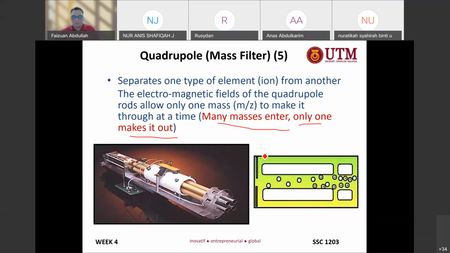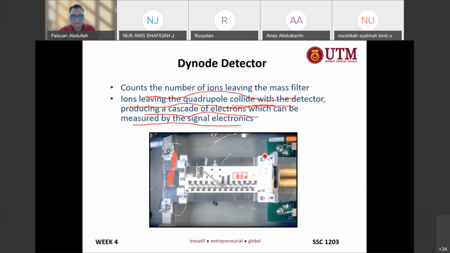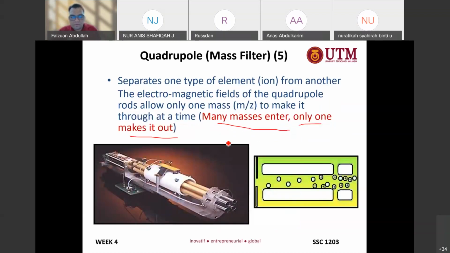How is it being counted? The ions leave the quadrupole. Remember, many masses enter but only one makes it out. It will filter all the masses inside the sample. The mass of the ions inside the sample is being filtered here.